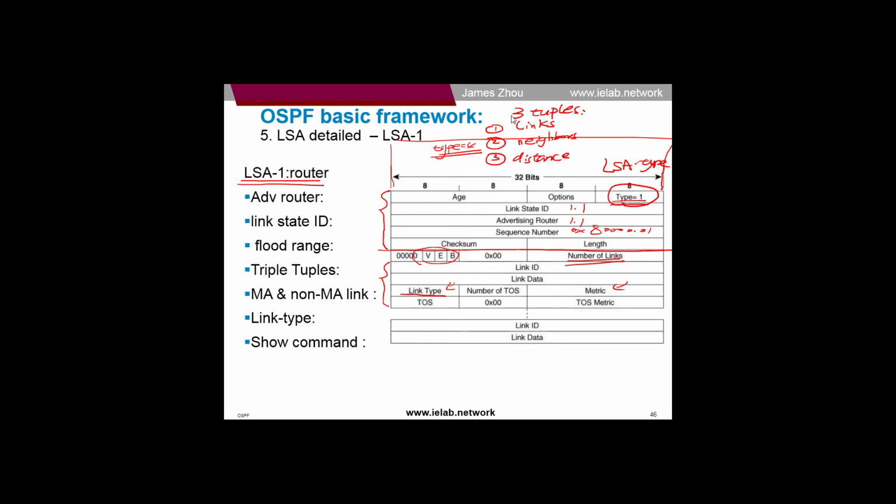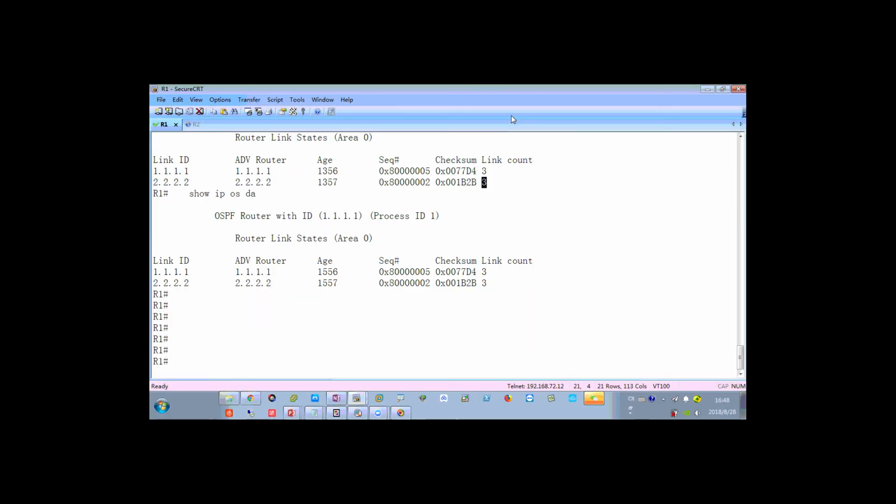Now I have a question. In R1, can you show R2's information or not? Yes, actually yes, right? You can show it.